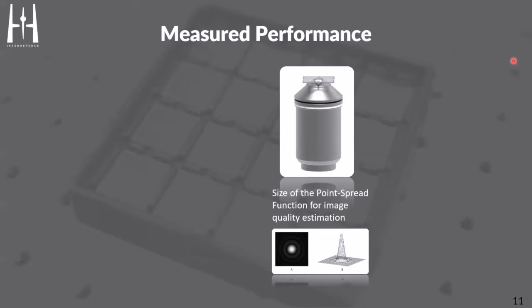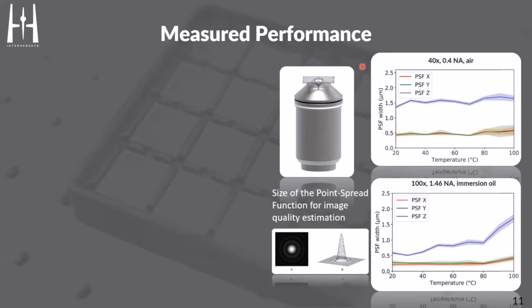So we measured the performance of our system by measuring the point spread function of small particles placed on top of our substrate, and the geometry of this point spread function gives us an insight into how our optics are affected by the temperature elevation.